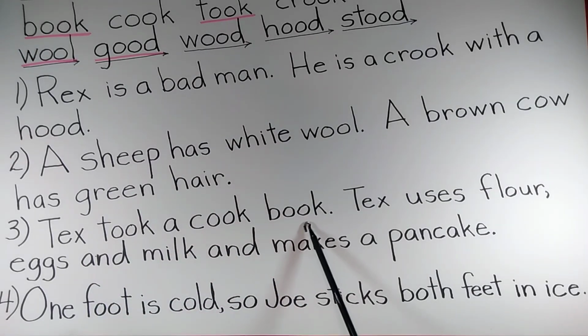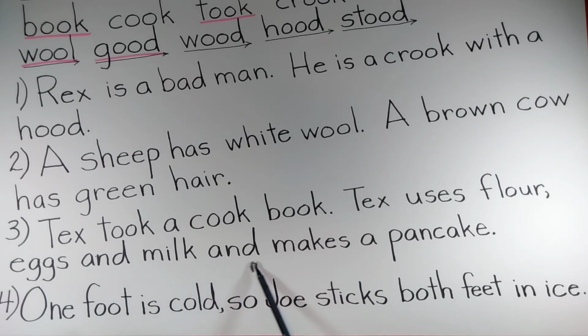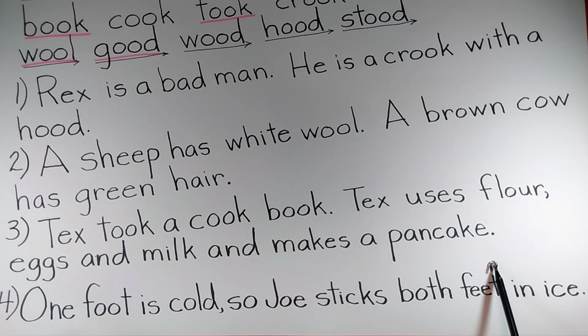Number 3, Tex took a cookbook. Tex uses flour, eggs, and milk and makes a pancake. Now, a very young student is not going to know about this. Wouldn't know that this is true. Might need some type of, got a senior moment here. And you teachers know what I'm trying to think of.